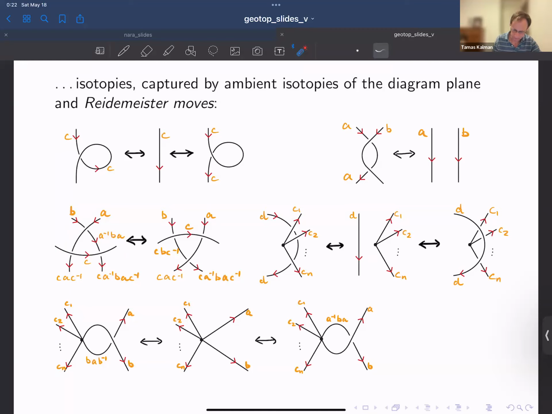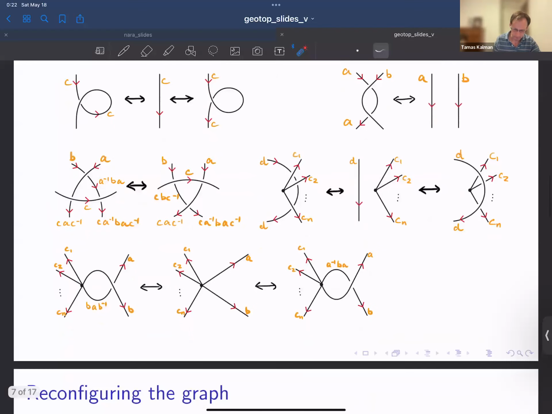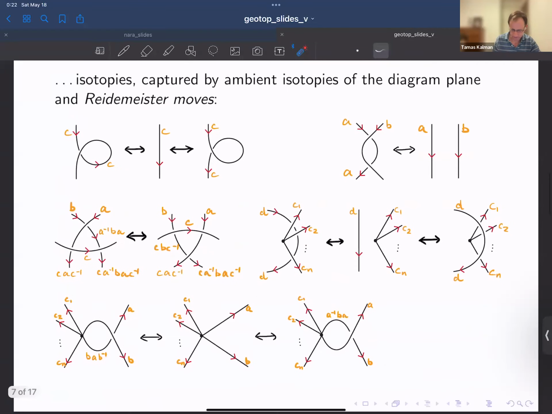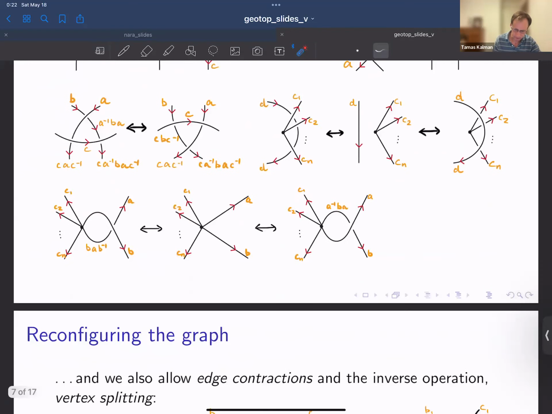So when there is a vertex, it can happen that some other arc of the diagram, like this arc, slides under that vertex or slides over it. So that can certainly occur in a projection, or as a kind of generalization of Reidemeister 1, this can also happen.